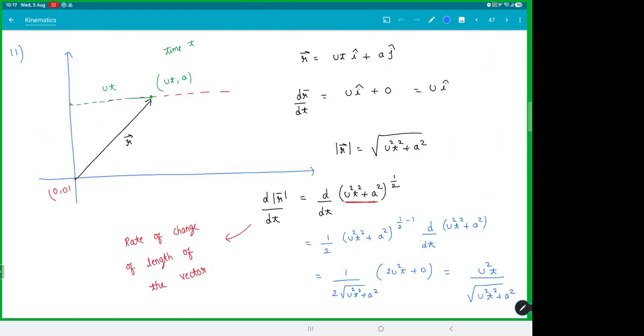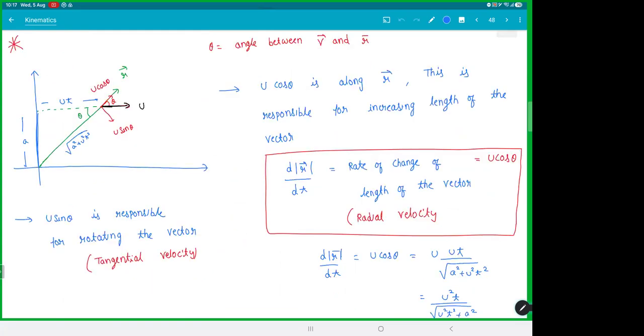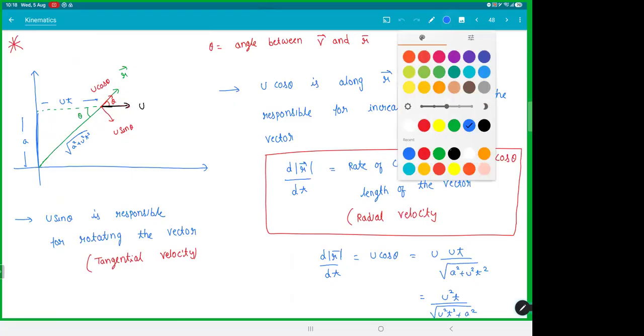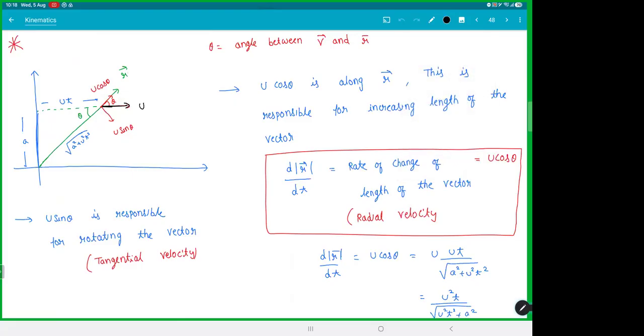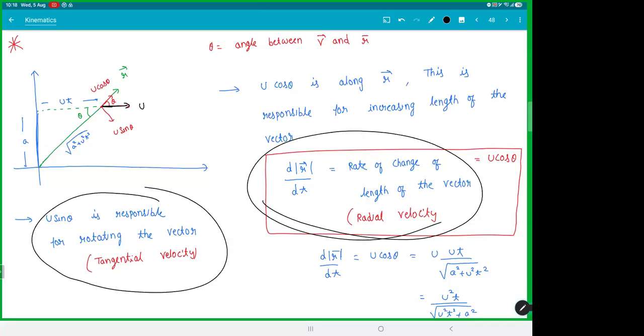Remember this question? dr by dt, rate of change of vector. There, if you remember the same story, look at this, what I said. This is what we did there. We said this u cos theta was responsible for changing the magnitude of vector. So this was d mod r by dt. It's called radial velocity. U sin theta was tangential velocity. Remember this now? So there were two components.